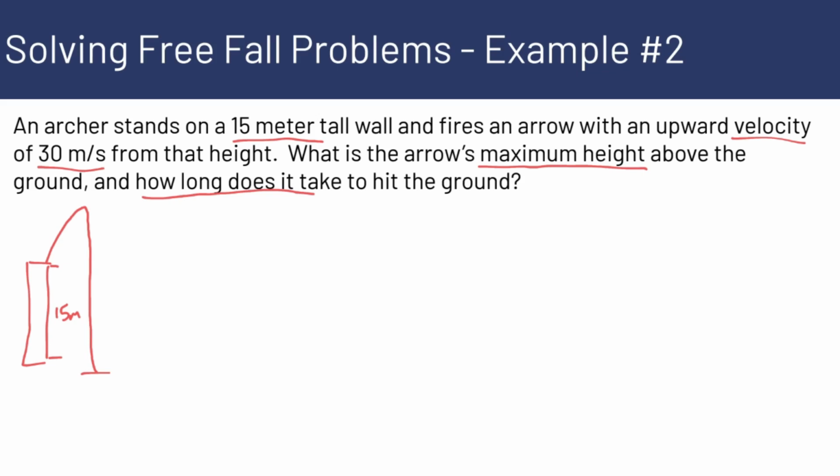So let's start with, we have y naught is equal to 15 meters. And we have a velocity naught, v naught y, or v y naught is 30 meters per second.